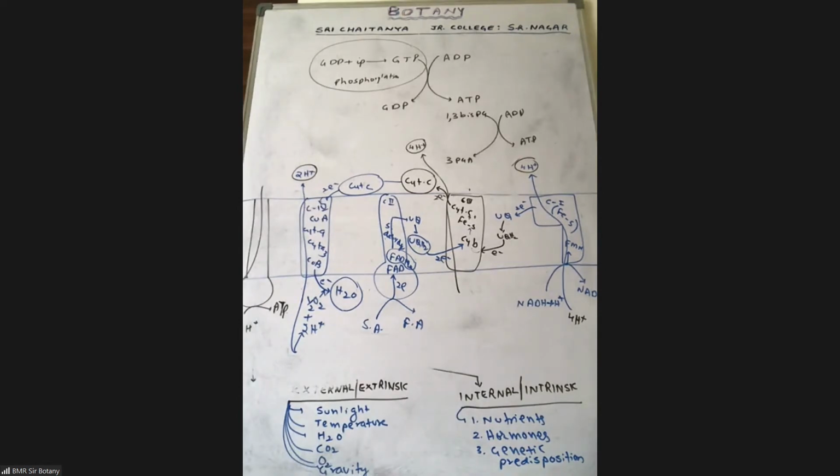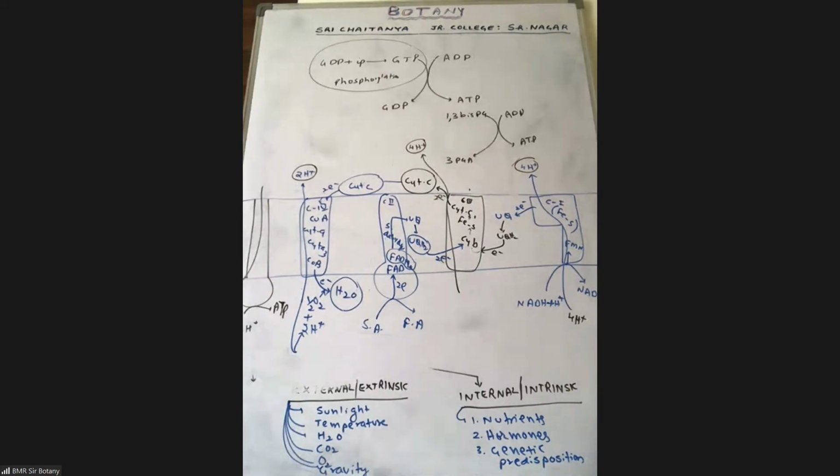The only electron carrier of electron transport system? Cytochrome C. Remaining were both electron and proton carriers, but cytochrome C is purely electron.